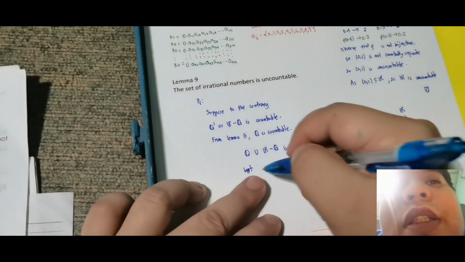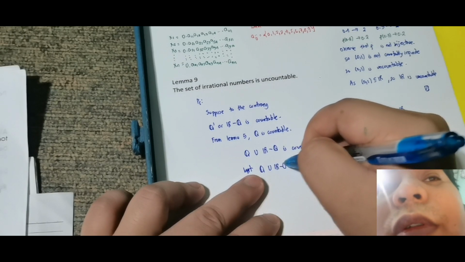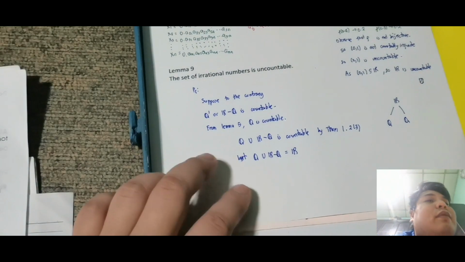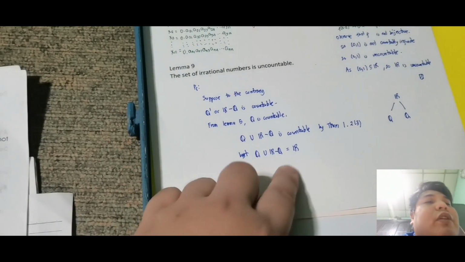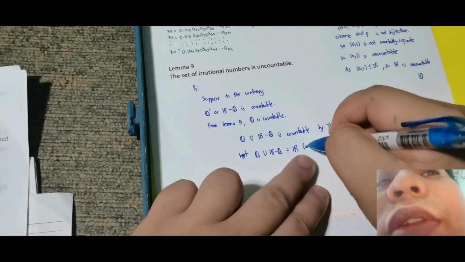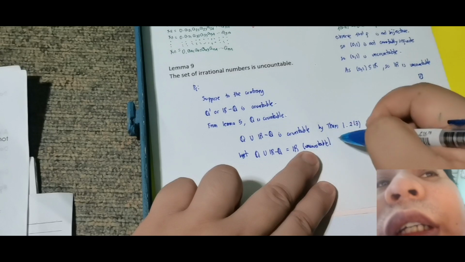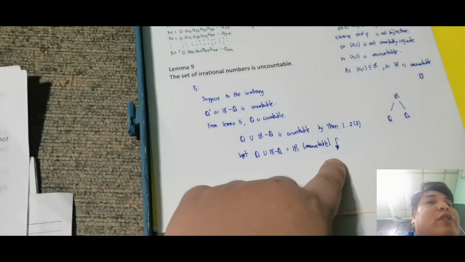Okay? But, si Q union R minus Q is equal to real number, which is uncountable. Since countable yan, this is a contradiction na sinabi natin.